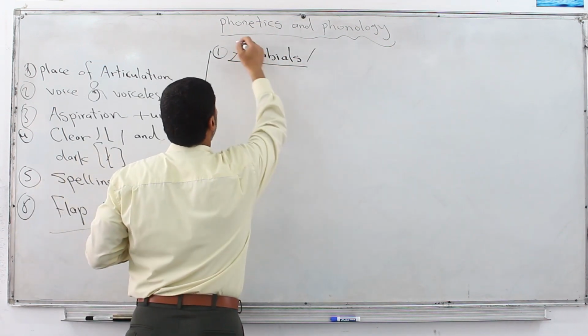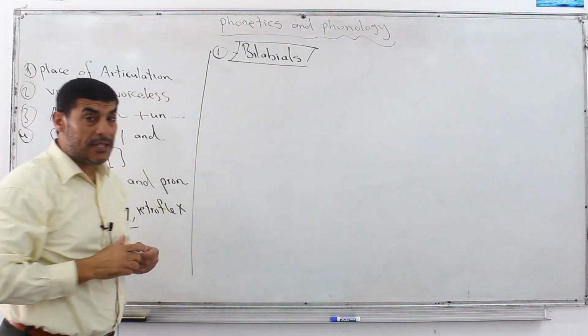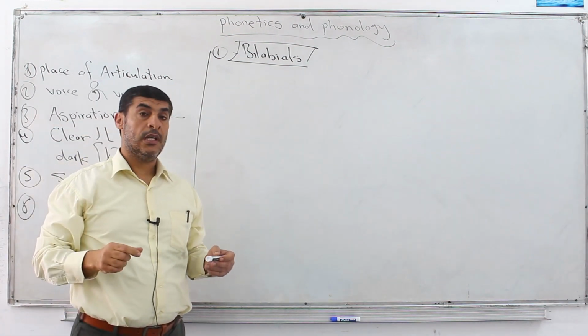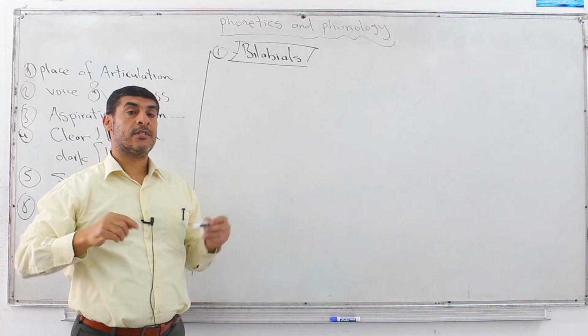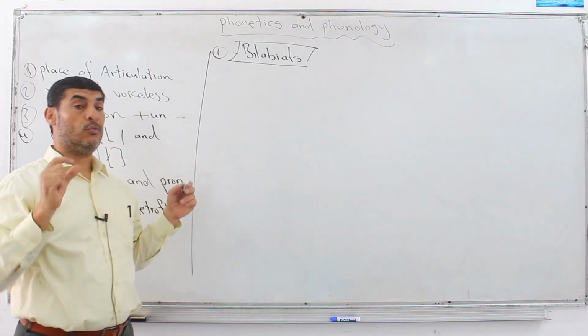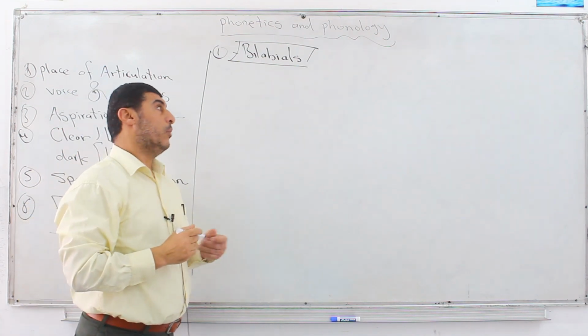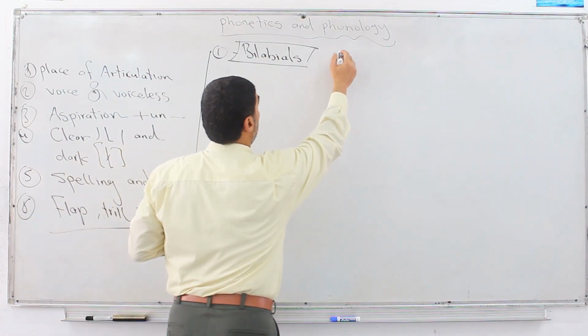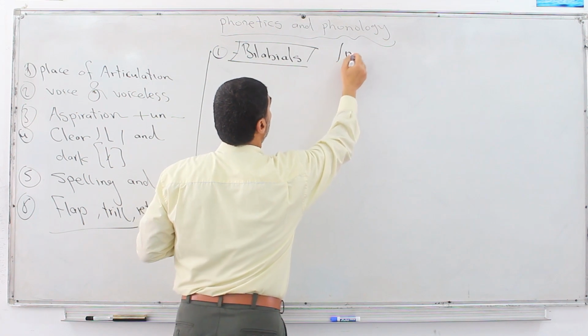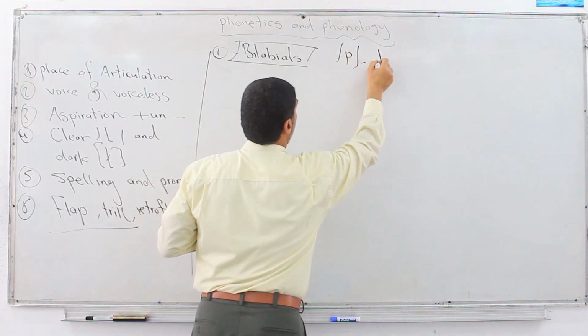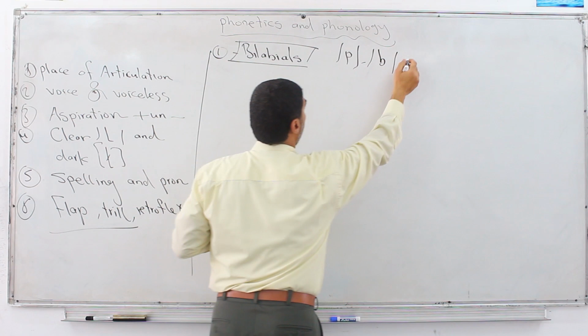What is a bilabial sound? A bilabial sound is produced by pressing the two lips together, or when the two lips come into contact. We have these bilabial sounds, p, b, and m.